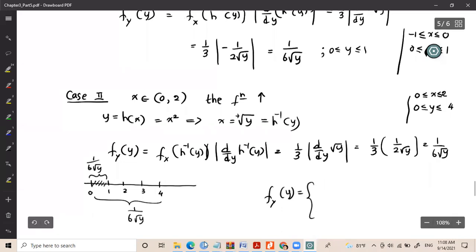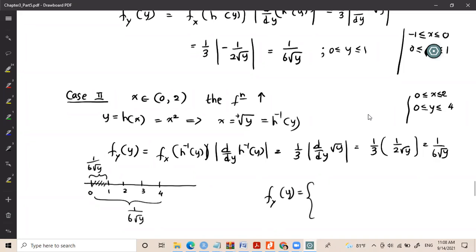Okay, so this is how we do it. From 0 to 1, you have 1/6 square root of y from case 1 and another 1/6 square root of y from case 2. Now, this probability 1/6 square root of y is the probability within the interval 0 to 4. All the values within this given interval will have the probability 1/6 square root of y.